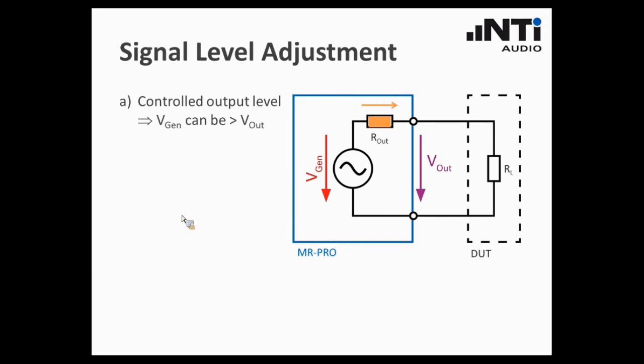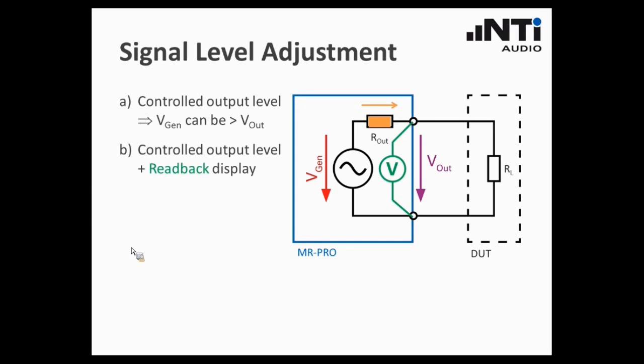The most simple one is what we call the controlled output level. Here, the situation is happening exactly as I said to you. The customer adjusts the generator voltage and expects or hopes or assumes that the output voltage is the same. However, it can be that there is a discrepancy, as just explained before. Most signal generators are operating according to this principle.